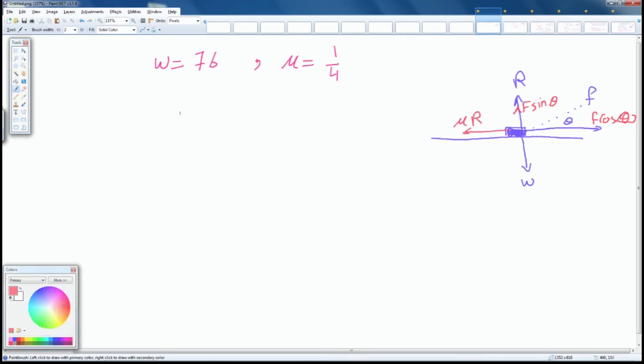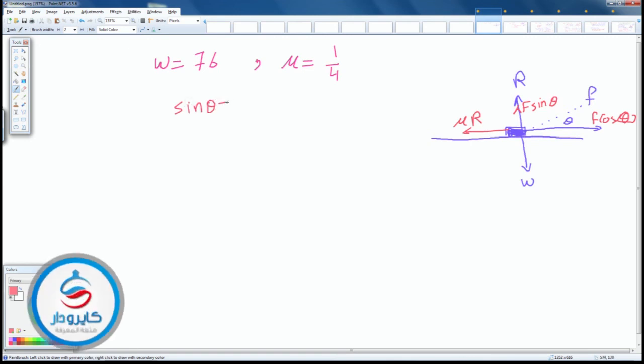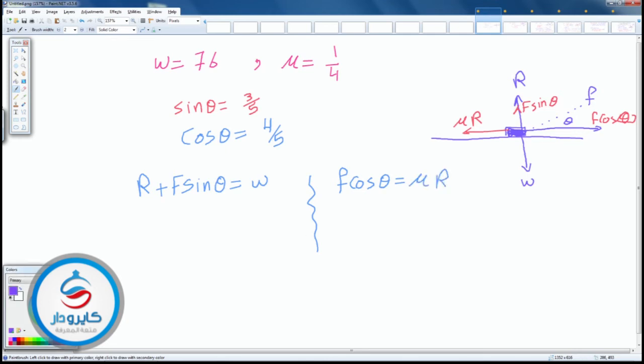Now we have to solve. Sine theta equals, as given, 3/5, so cosine theta equals 4/5. The first equation is R plus F sine theta equals W. Also we have F cosine theta equals mu R. Shall we make a substitution?